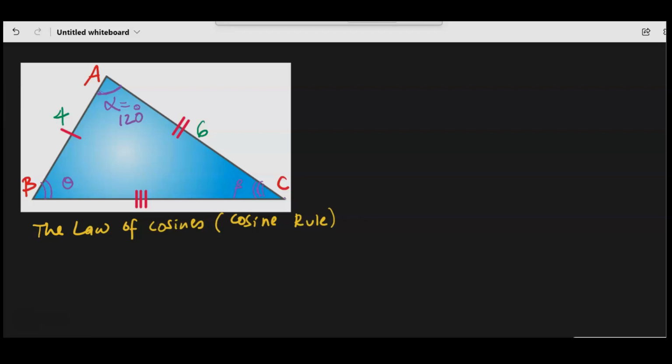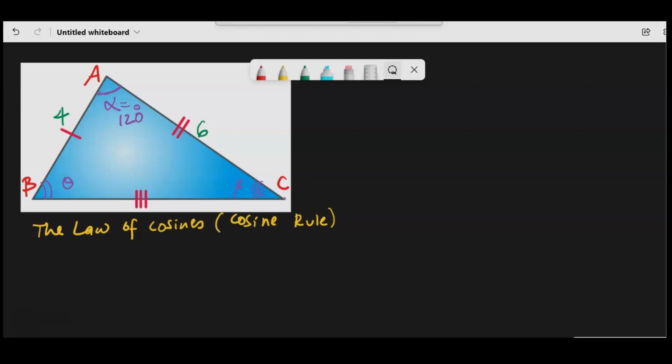So it says that the sides of a triangle which is not a right angle triangle should satisfy the condition that the sum of the squares of any two sides is less than the square of the third side. Alright, so we are asked to determine BC.